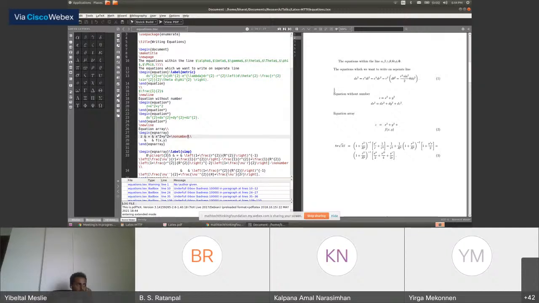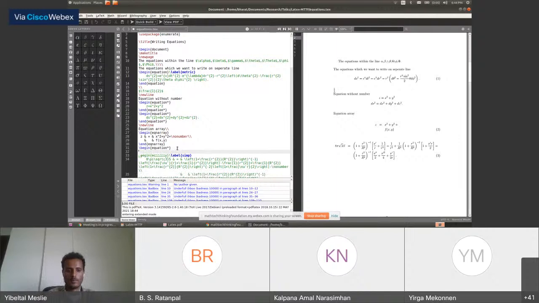This one I have written is a very complicated equation, so let me first reduce it. Let me write 1 plus r square over R square raised to minus 1, with \begin{equation} and \end{equation}.